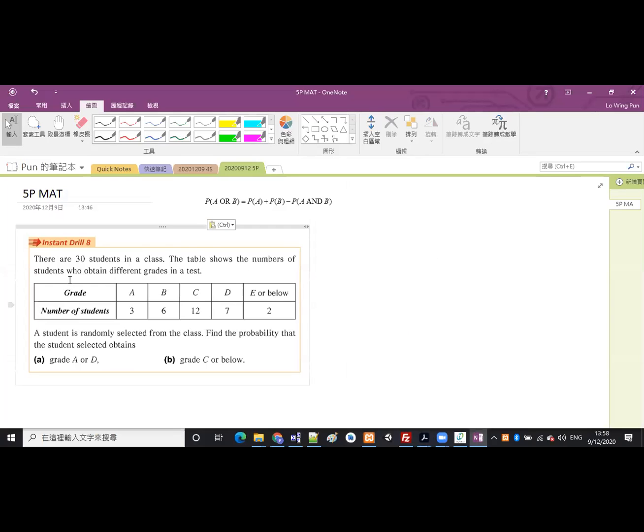When you see the keyword "or", when two events are connected together by the word "or", you are going to use this formula to do the calculations. Is that okay? Today we're going to do a little bit more exercise on this.